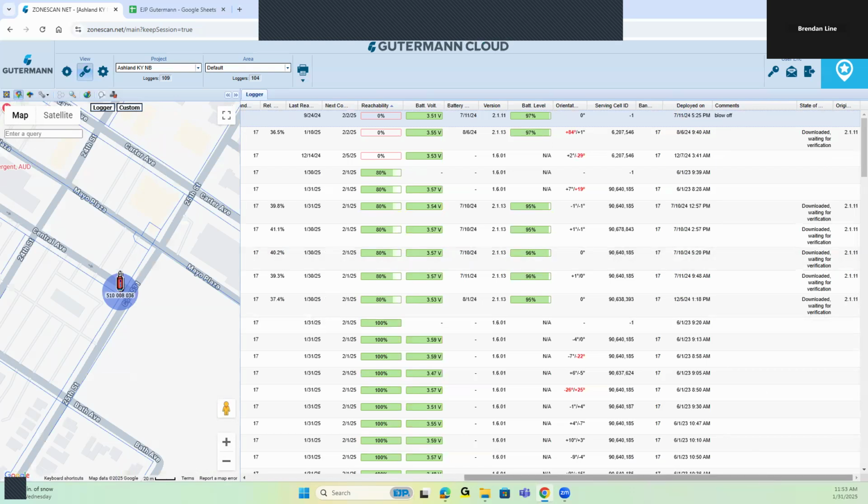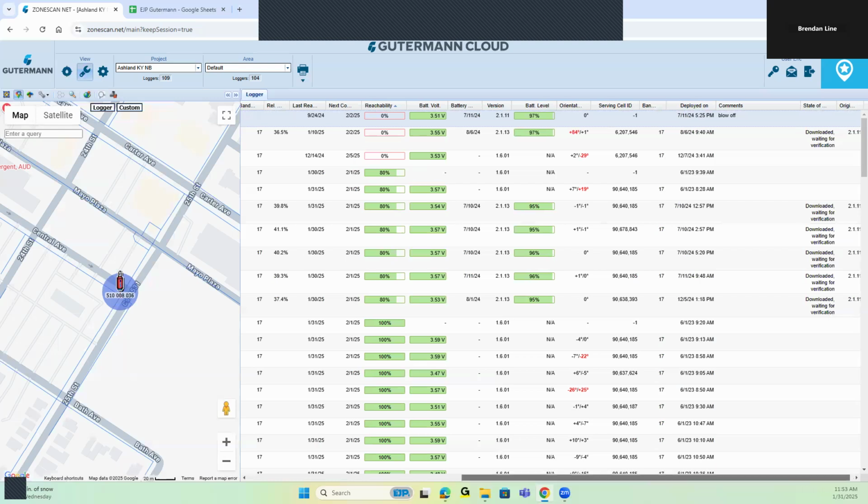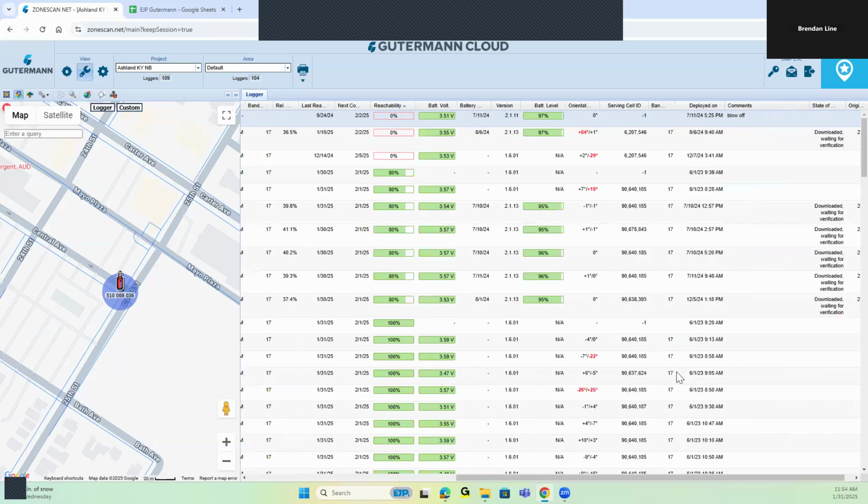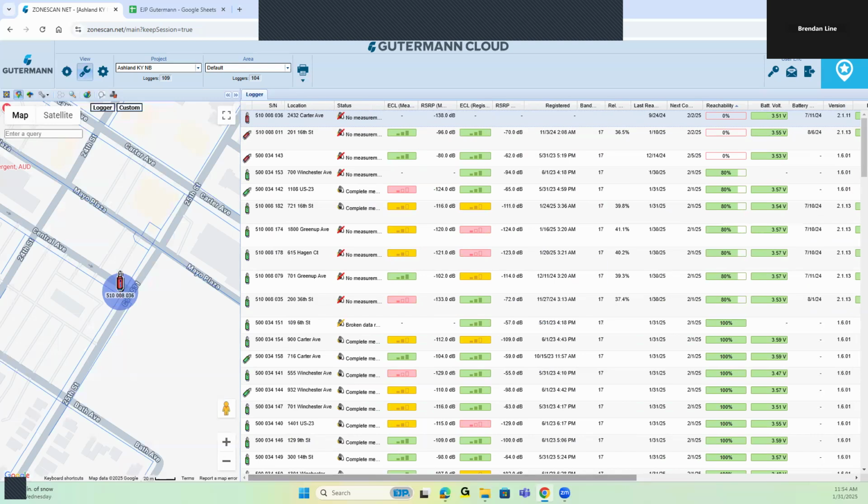This would be more for the folks that are leaving their loggers in position and not necessarily moving them. So you can really start to manage where all your loggers are and their situations. Maybe if a logger gets water in the box often and it's creating a reachability issue, you could document that. You could document loggers that have valve box lids that are plastic.